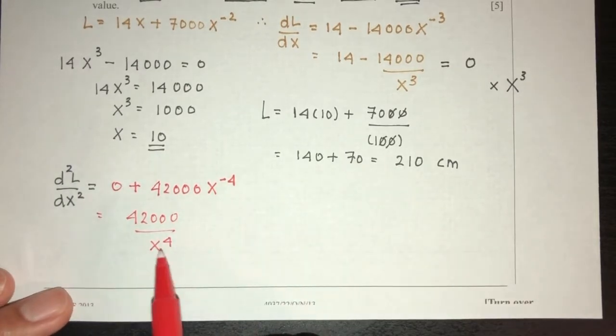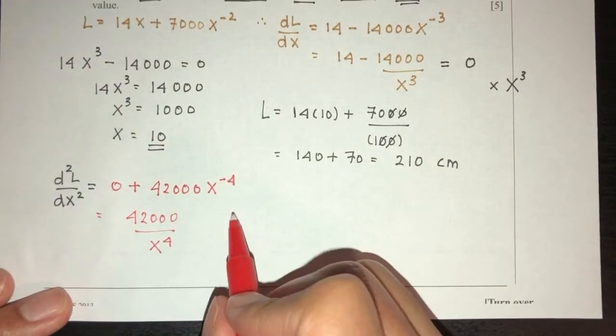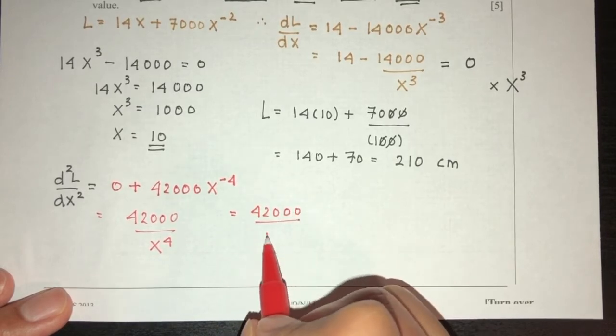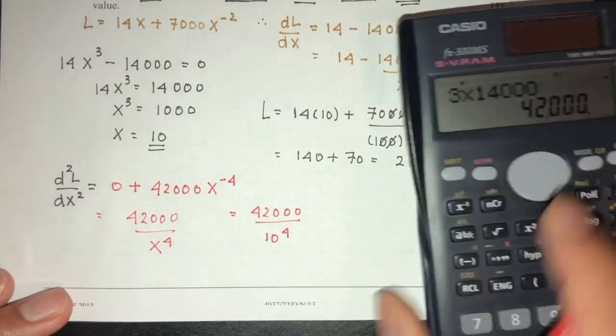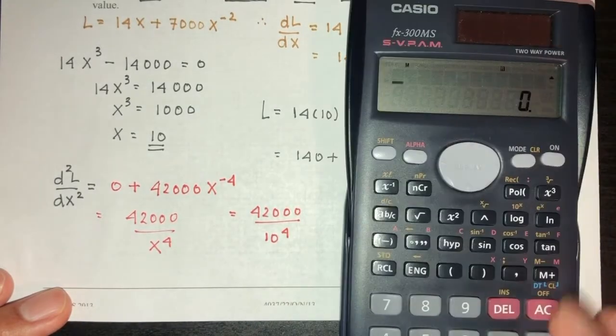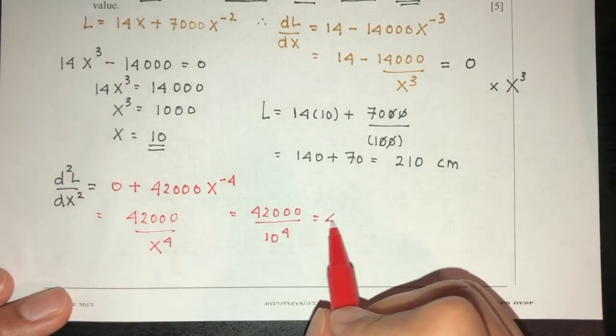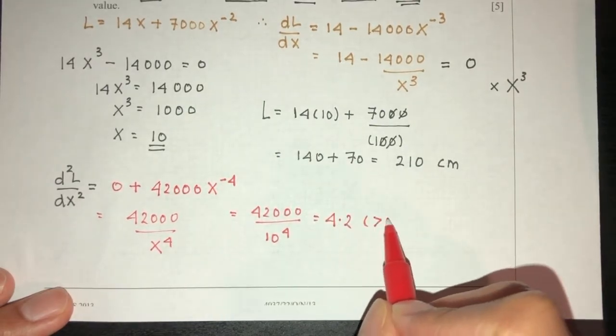Now replace the value of x by this value. You will have 42,000 divided by x power 4. Sorry, x is 10. Okay, right? So divided by 10 power 4. That will be 4.2, which is a positive value.